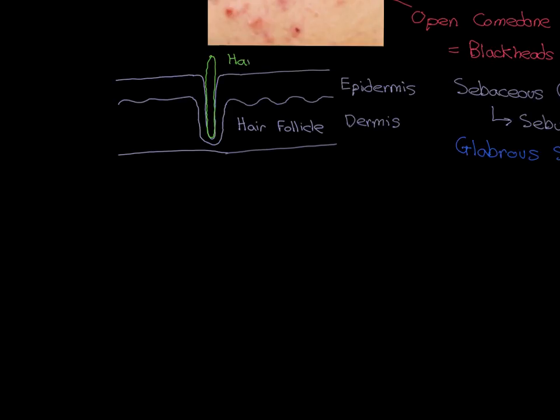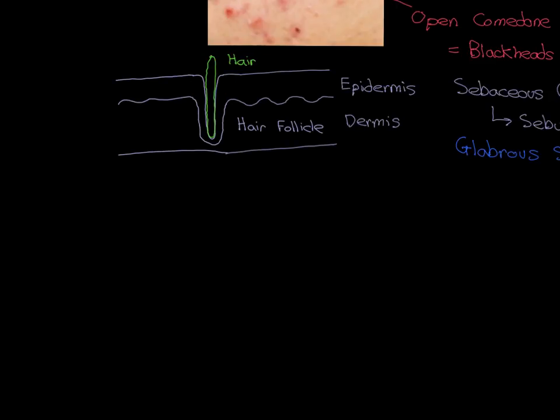Now you can see that my picture is a little bit constrained by the fact that we have this image above, and hence I have drawn a tiny little hair here. This would be one of these microscopic hairs that you cannot actually see with your normal eyesight. If I wanted to draw a hair that is large and macroscopic, such as a hair, for instance, on the arm, I would draw a much larger hair.